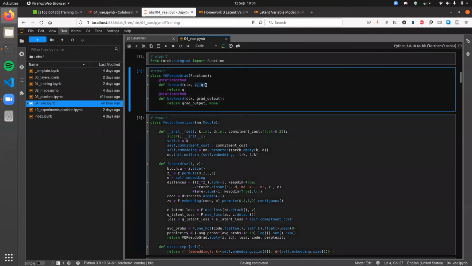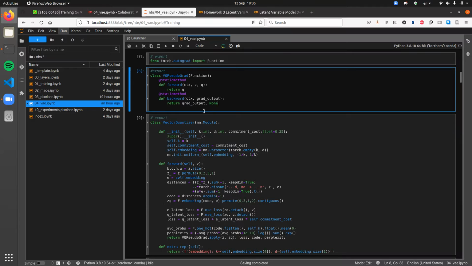It takes two inputs, z and q, and it returns q, but during the backward pass, it just propagates the gradient back to the first input, so to z, and no gradients are propagated to q.